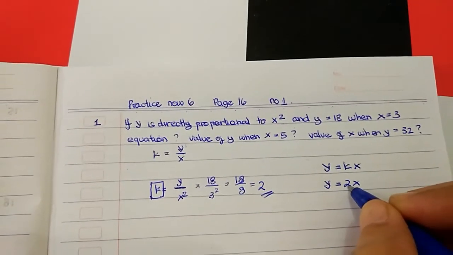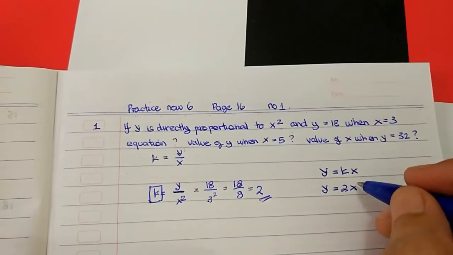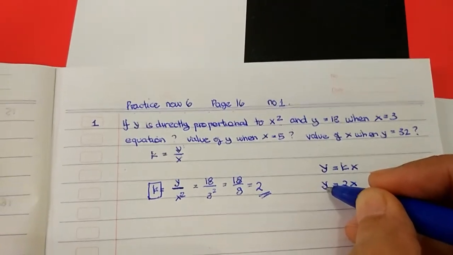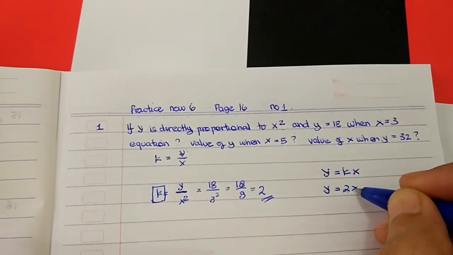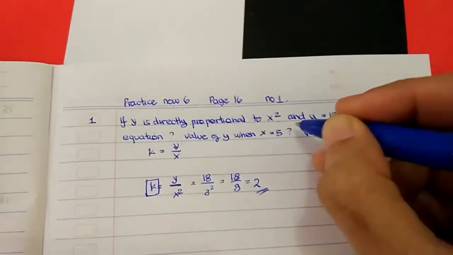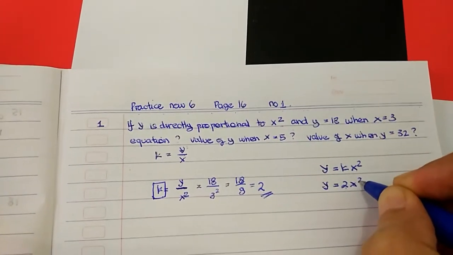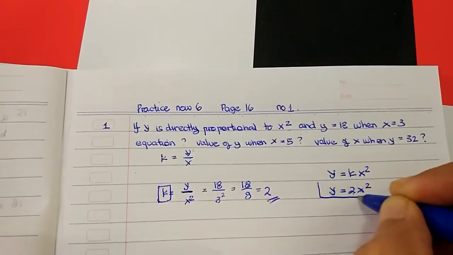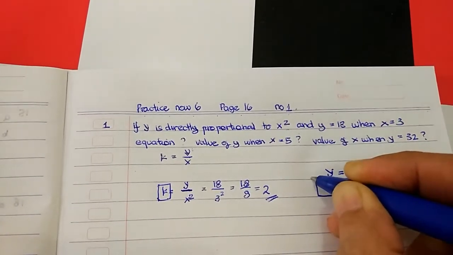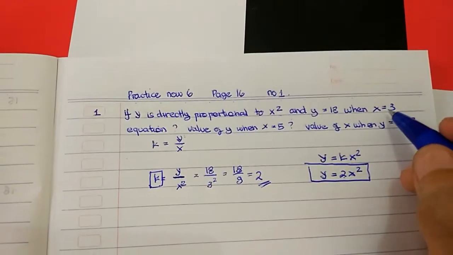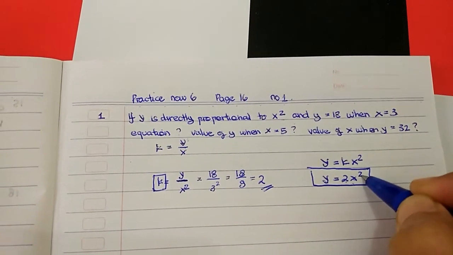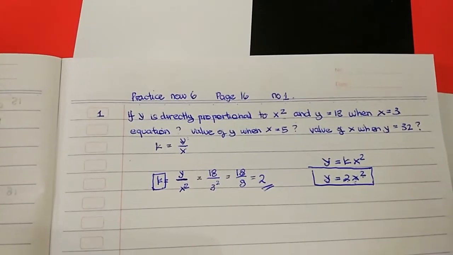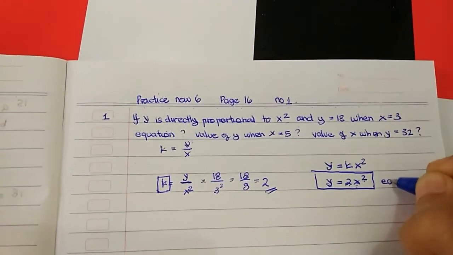Oh, I'm sorry, the question is x squared, so this should be x squared, guys. So this is the equation. Let's try 3 times 3 squared, 9 times 2, 18. Okay, correct. Now that's the equation.